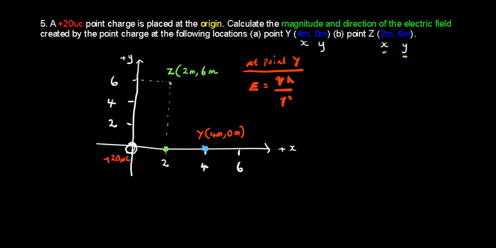So, which is equal to, our K is the constant 9 times 10 raised to power 9, multiplied by the charge, 20 times 10 raised to power negative 6 coulombs.